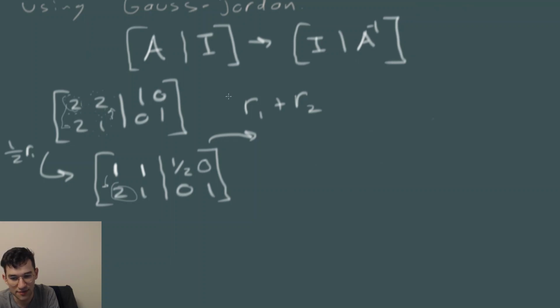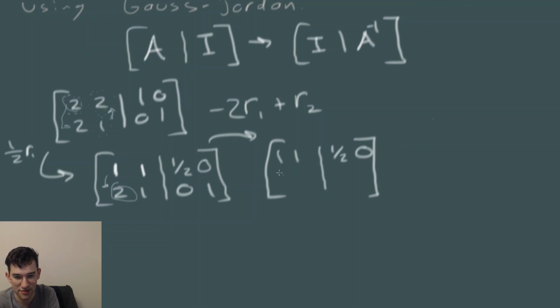What times row 1? Well, -2. Let's write down what doesn't change. First row does not change. We're changing row 2. Then we're going to do negative 2 times 1 plus 2, 0. Negative 2 times 1 plus 1 is negative 1. And now we have a 0.